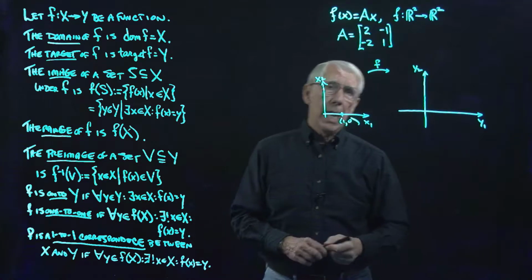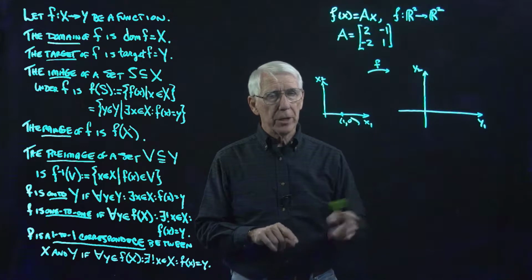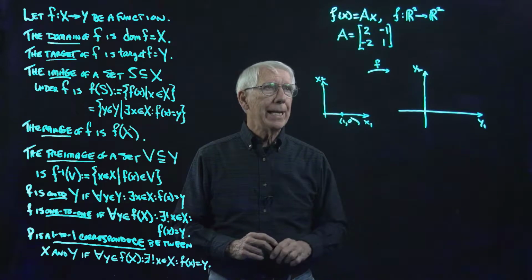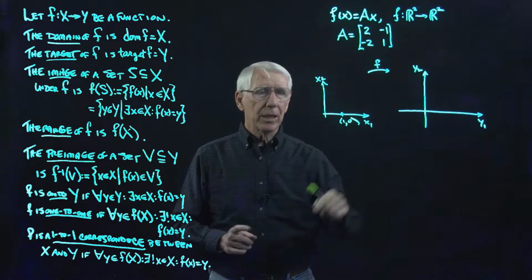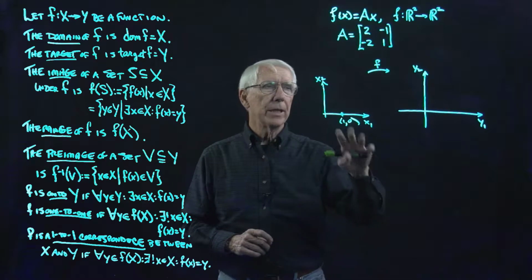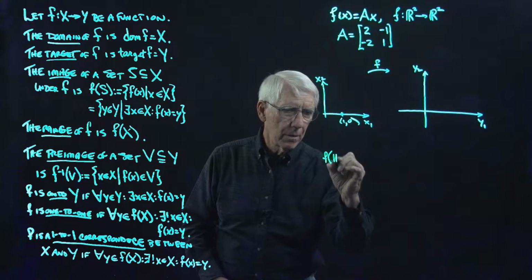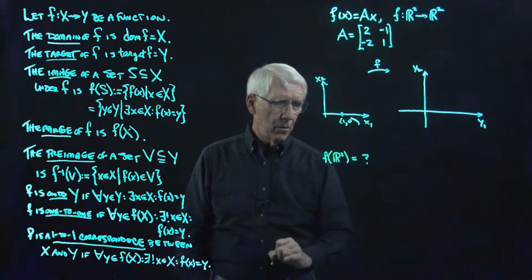And so again, let's ask the same question we asked up front on the first example, and that is, what is the range of f? In particular, is f onto all of R2? What's f of R2?